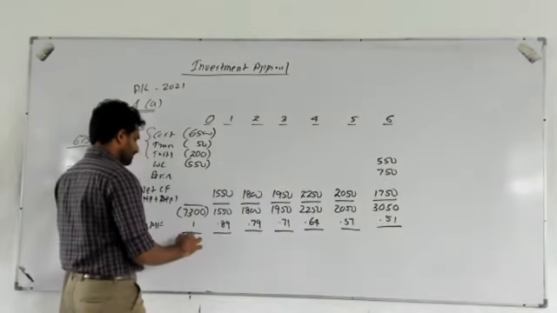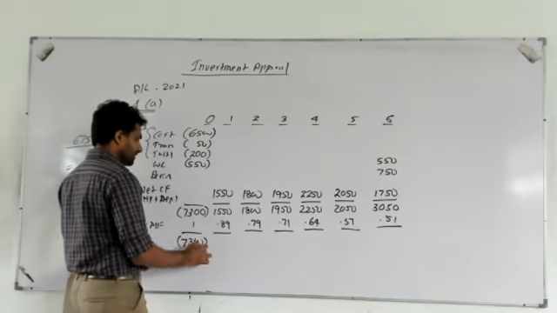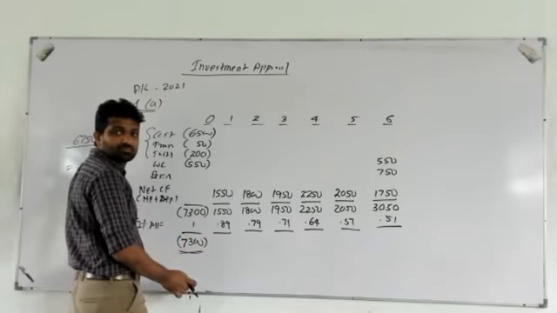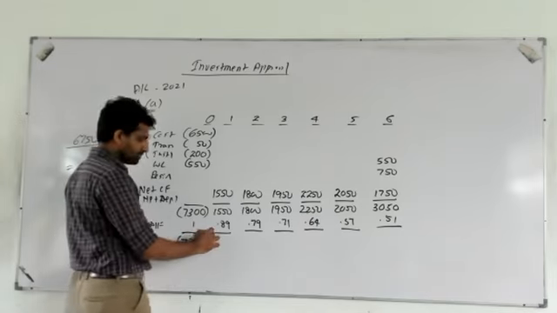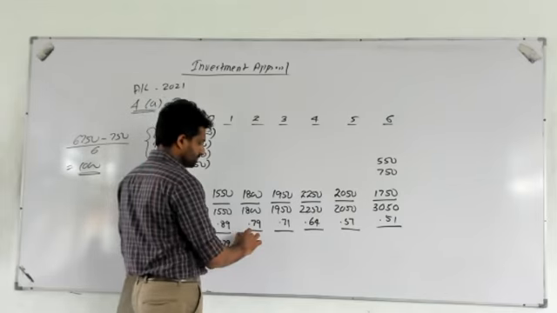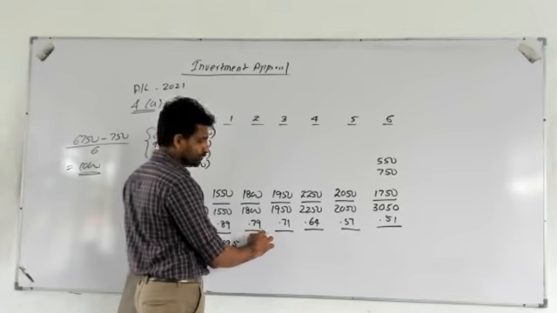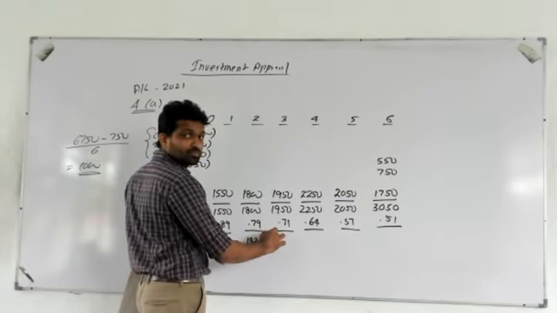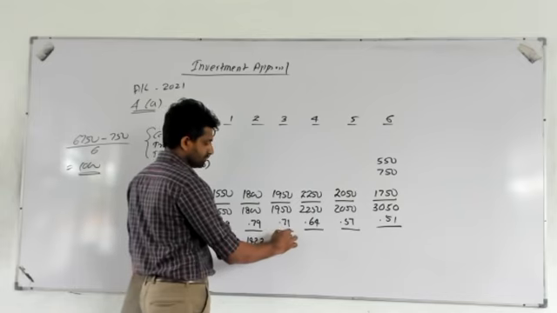This year 0, 7,300 minus. Here 1,379. Here 1,420. 1,384.5.